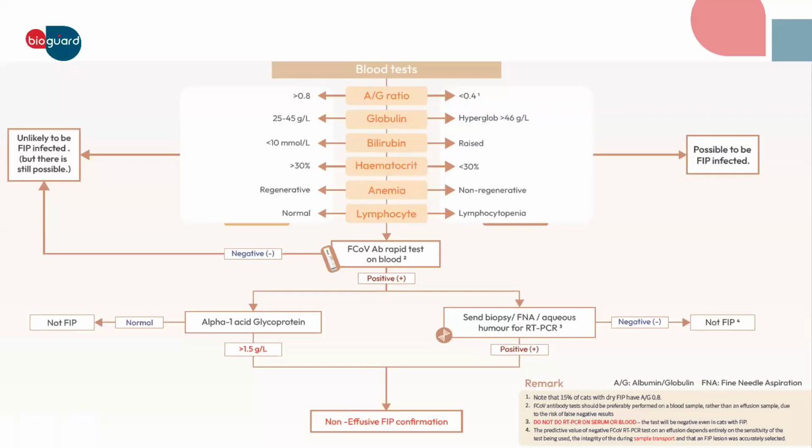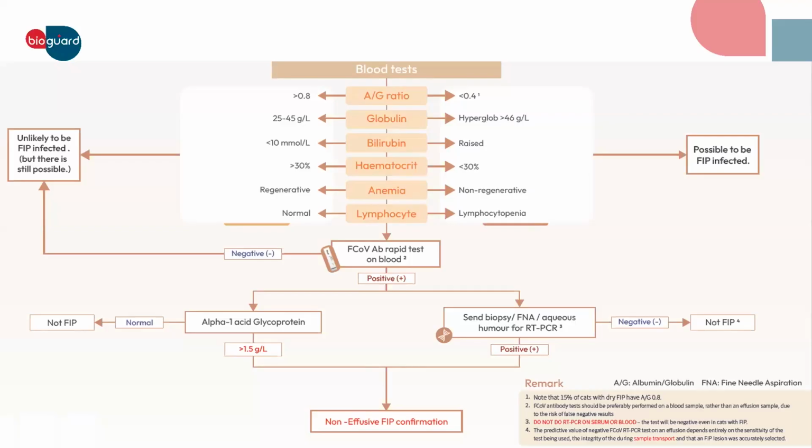However, instead of doing PCR of the blood, which is not workable in this case, we have to do PCR through a biopsy of the infected organ. Basically, wherever the infection site is observed, we have to take the biopsy sample or the aqueous humor sample for the RT-PCR.